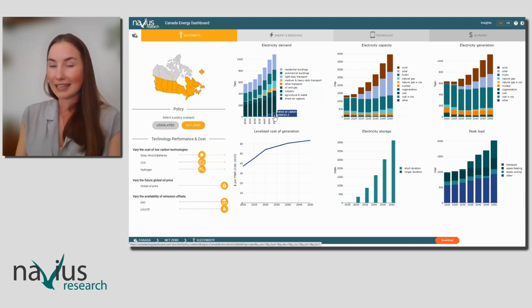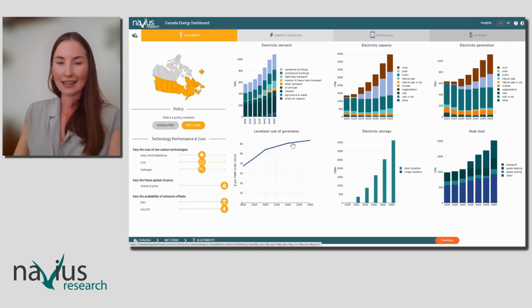Direct air capture is demanding 60 terawatt hours of electricity in 2050 in this scenario, which is a lot. That's equivalent to BC's entire electricity grid today. So even though we aren't electrifying other sectors of the economy as much, our electricity demand is still increasing significantly in this net zero scenario.